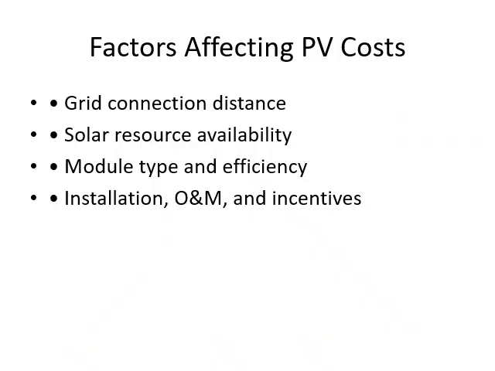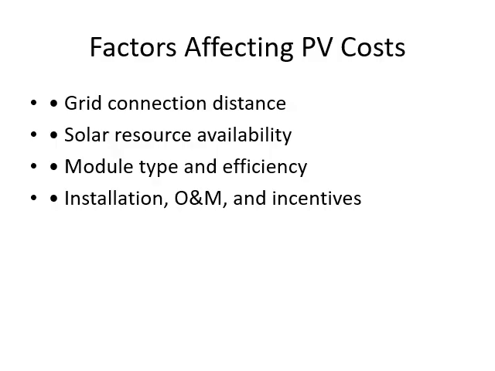Now it's time to talk about the cost. The grid connection distance is one factor that affects the photovoltaic system cost, right? Because the further the grid is, the higher cost you have to bear. Then obviously solar resource availability. If your area doesn't have enough solar irradiation, then your PV cost will be higher, right?